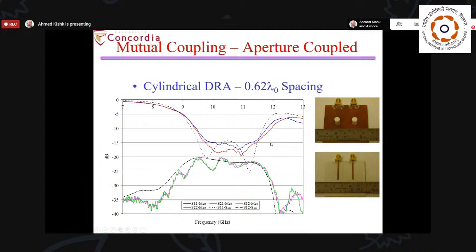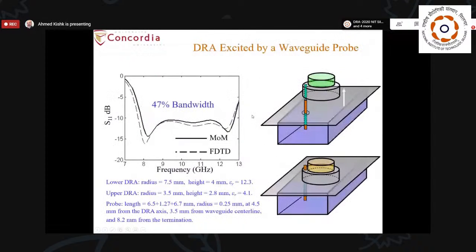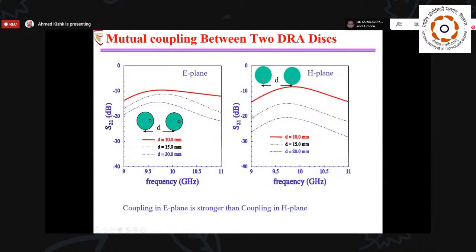Also, for arrays, mutual coupling is very critical and very important to study. So here is an example of two resonators excited by coaxial probes.